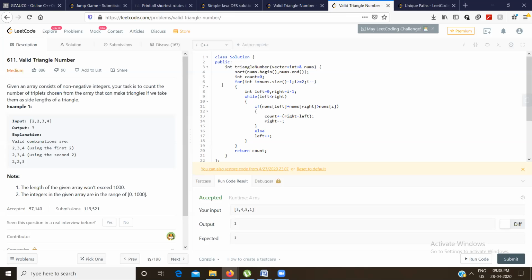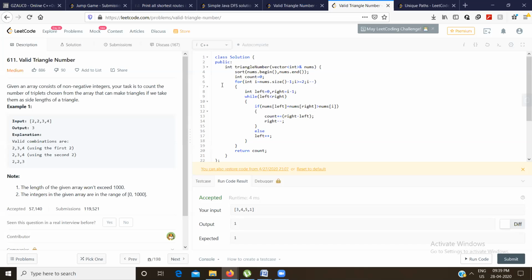The time complexity: n log n for sorting, and this one will be n log n, right? You have a while within a for, so for n, and the while will take left to right. I think it is n square.